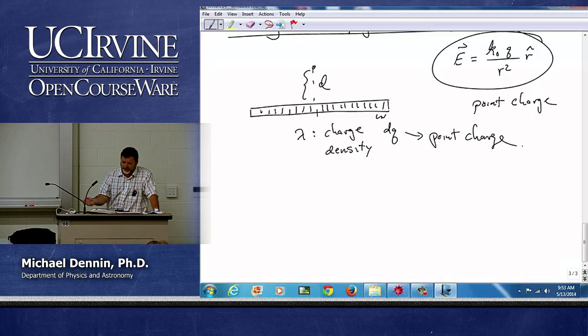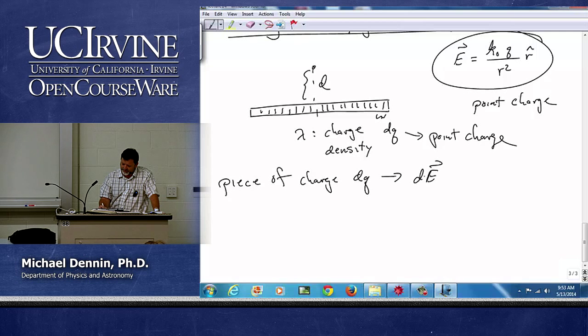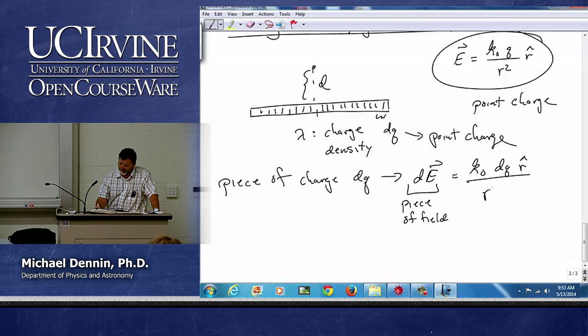We have to add them as vectors. So if I have a piece of charge dq, then my electric field is a piece of electric field given by the piece of charge that I have in the direction I'm considering divided by r squared.